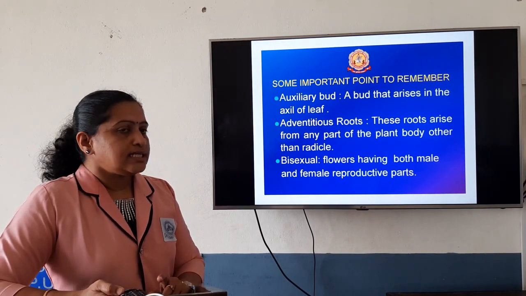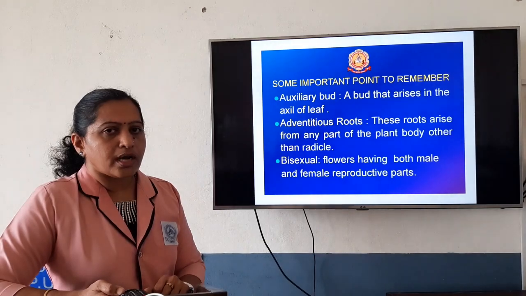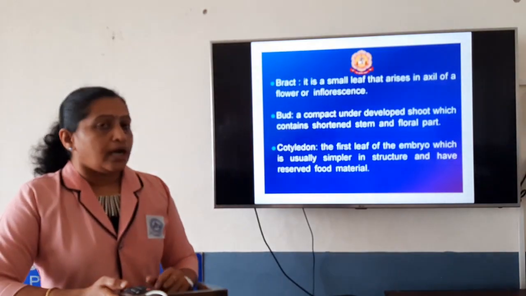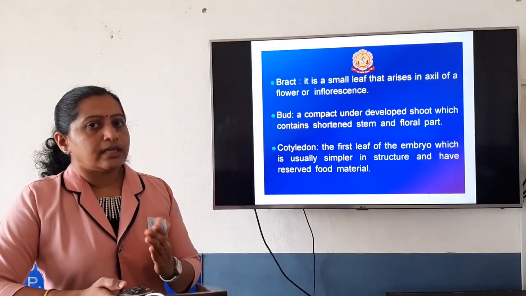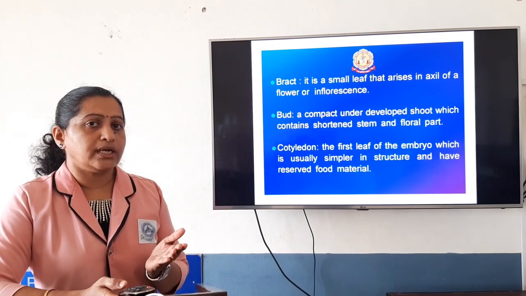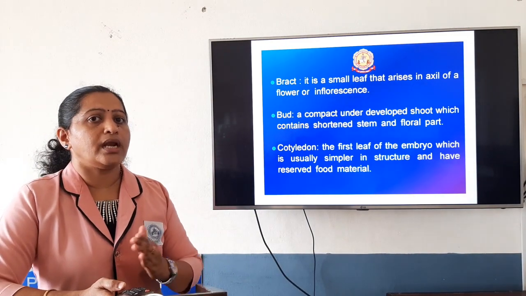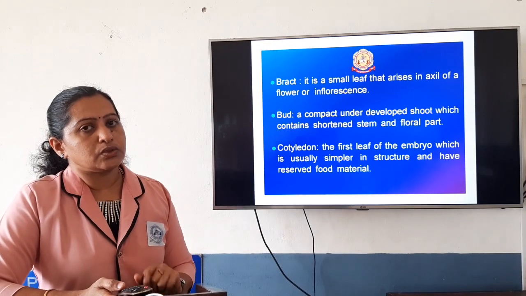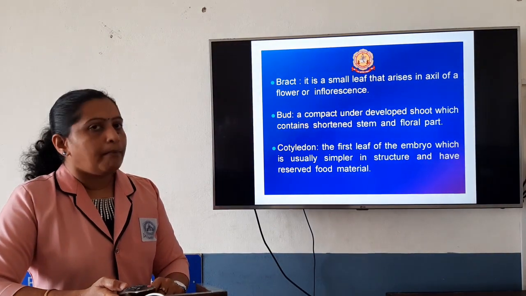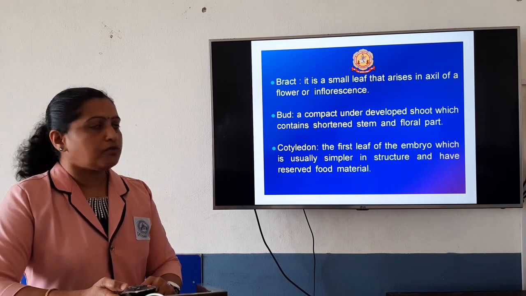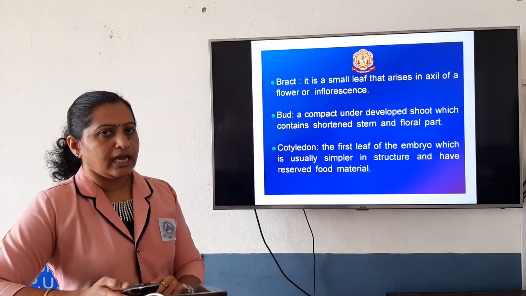Bisexual flower. Flowers having both male and female reproductive parts are known as bisexual flowers. And unisexual flower, the flower that lacks one of the reproductive units, whether it possesses only the carpel or only the stamen, is known as a unisexual flower. Bract. A bract is a small leaf that arises in the axil of the flower or the inflorescence.